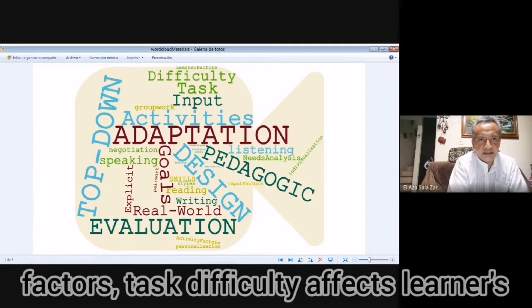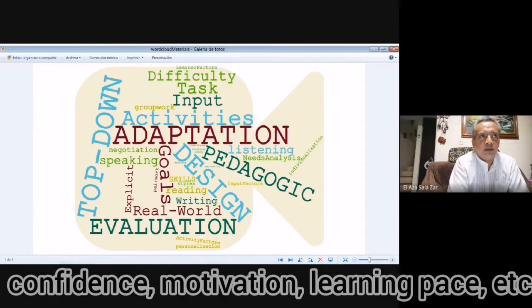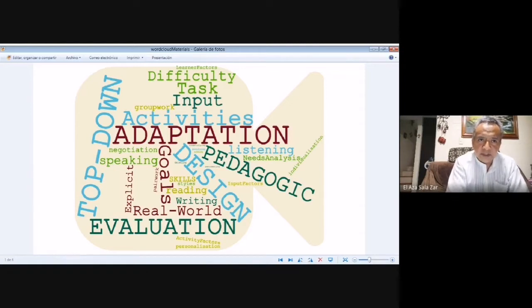And if it is extremely easy, learners will do it and not take advantage of it at all. So, task and difficulty are very related, but let's focus on task. The task is what learners do with the language, what learners accomplish by means of the language.